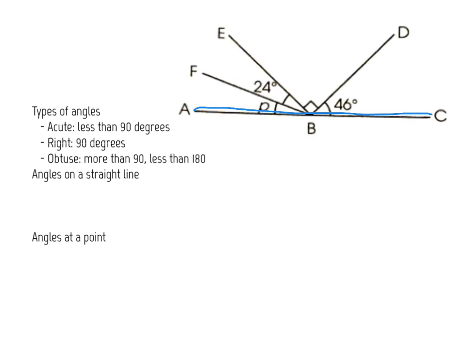And the reason that P here is missing is because initially in our item you had to solve for it. But if you look carefully here, this is 90 degrees. And if you add all of it, so it's 90 plus 46 plus 24.